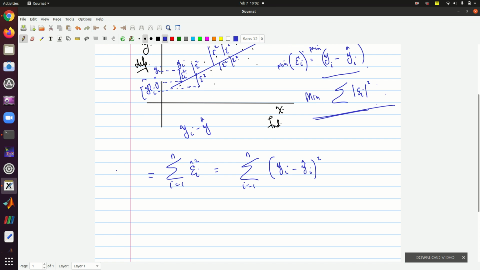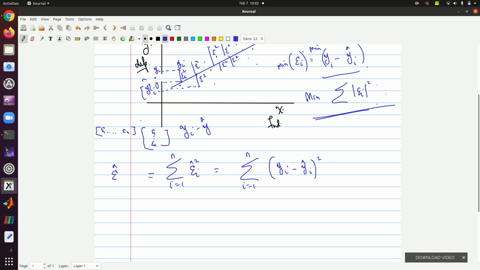Please note that we can still write this summation in vector form and write it as a product of row and column multiplication, because we can have our epsilon 1 up to epsilon n, and this is also epsilon 1 up to epsilon n.